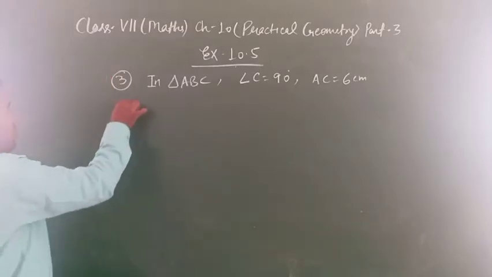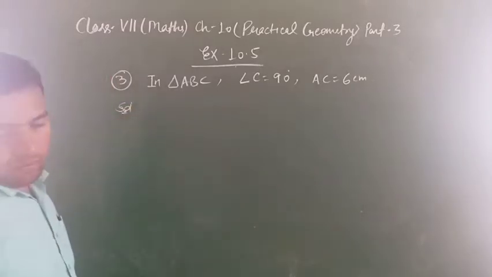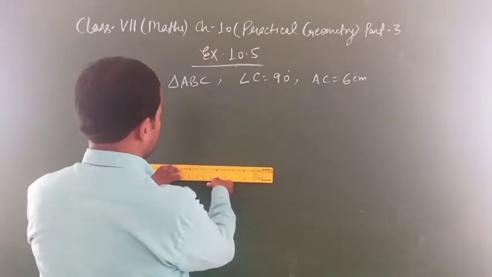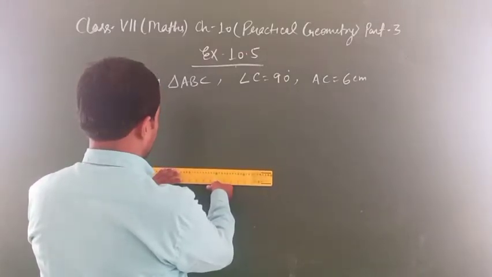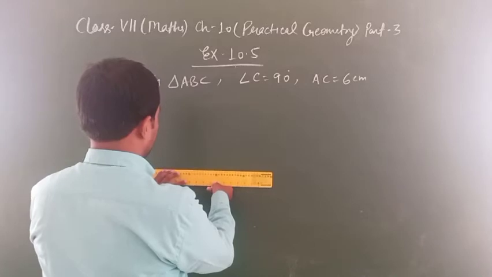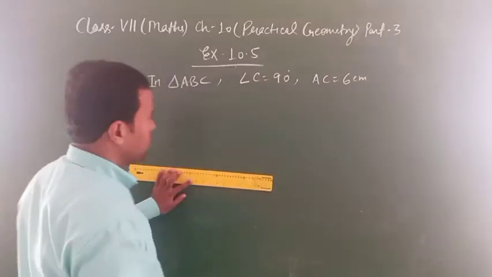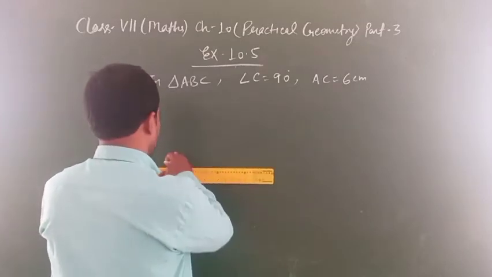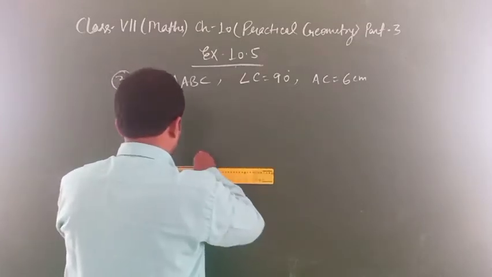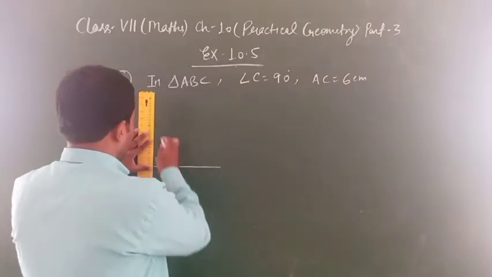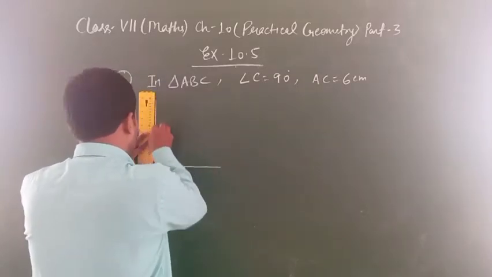Clear? Isosceles right angle means perpendicular and base both are equal. Then that is isosceles right angle.